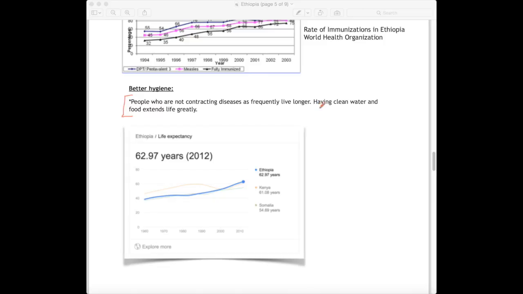So how do you prevent getting a number of diseases over the course of your lifetime? By having access to clean water, or access to clean, healthy food. This will extend your life. It means that over your lifetime, you're probably going to have fewer illnesses, and so you're going to be stronger, healthier.